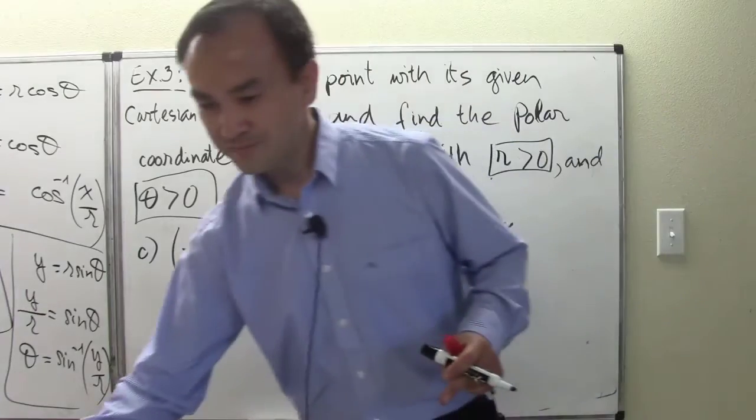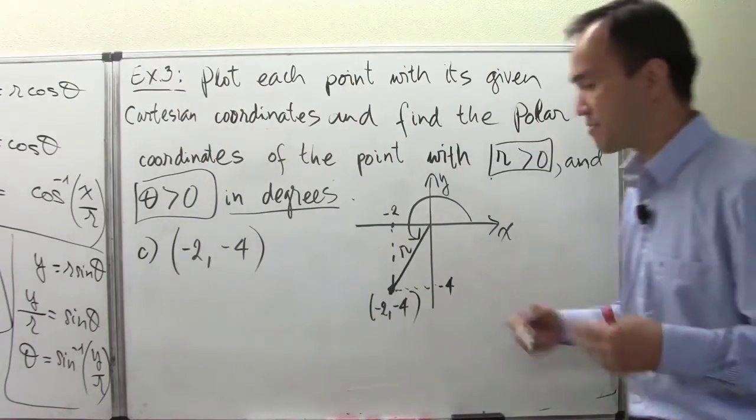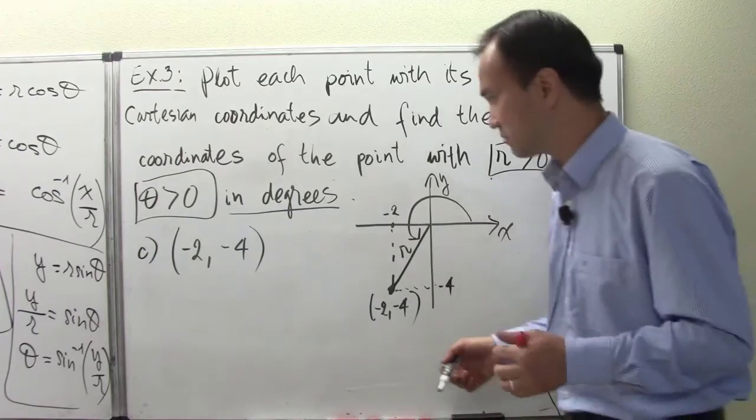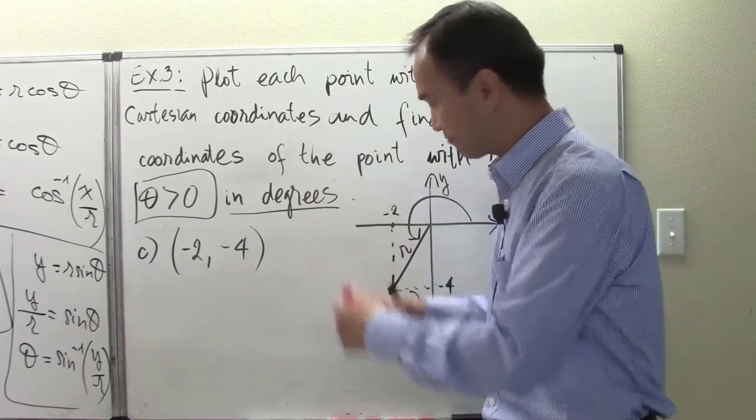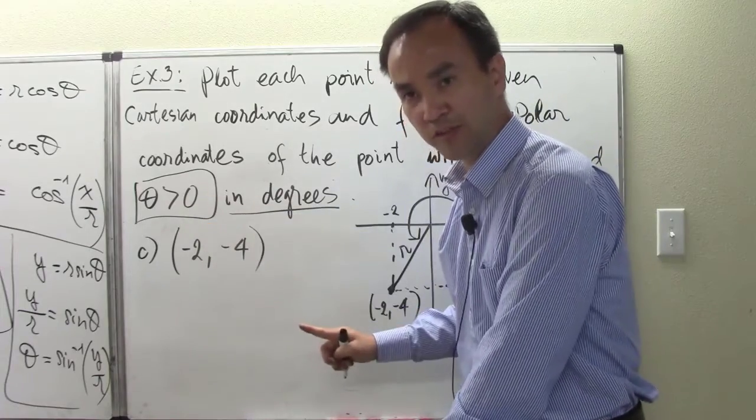Okay, and so in that way, now let's go ahead and calculate our radius and the angle theta to turn that into polar coordinates representation.